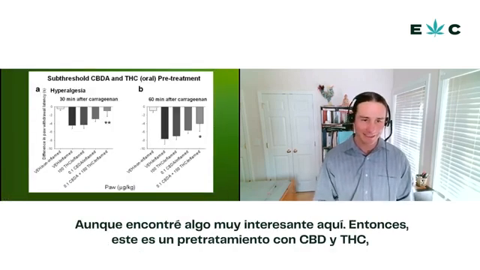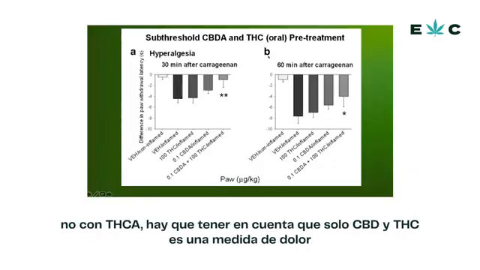Something I found really interesting though here, so this is pre-treatment with CBDA and THC, not THCA, keep in mind, just CBDA and THC. And so you can see this is a measure of pain.